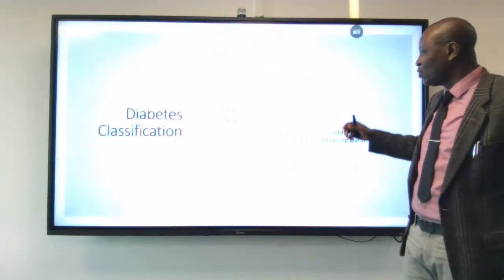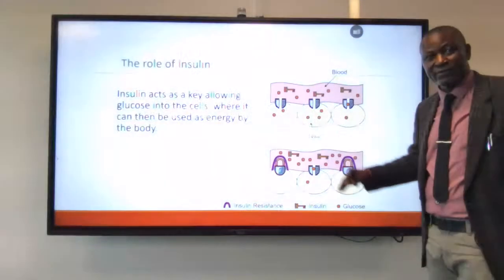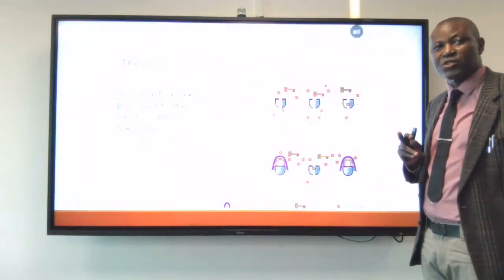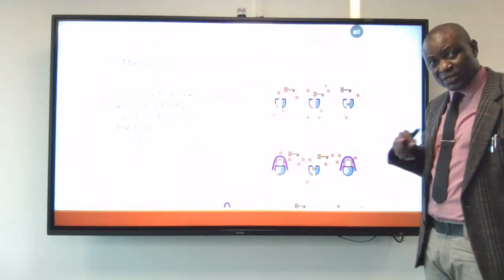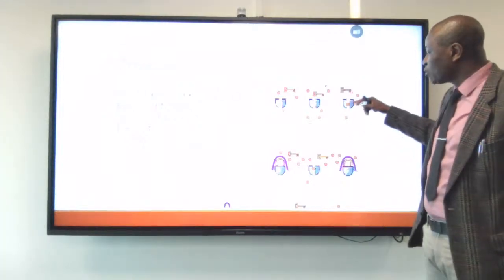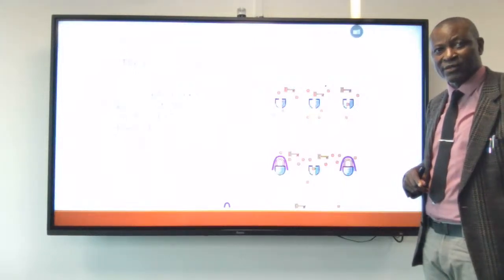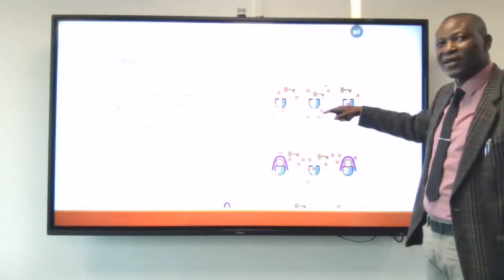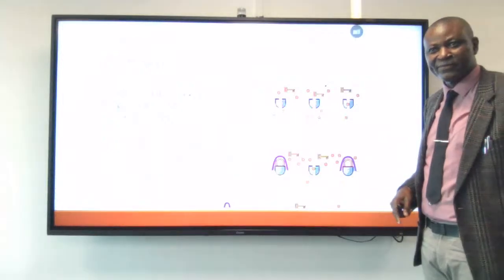And then we have glucose in the bloodstream flowing. That glucose in the bloodstream is useless. We cannot use the glucose in the blood. The glucose needs to go into the cell before we can utilize it, and that is the role of insulin. Insulin helps to drag glucose molecules inside the cell where we can use it to provide energy.